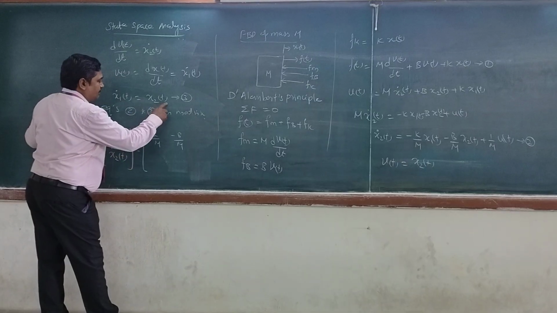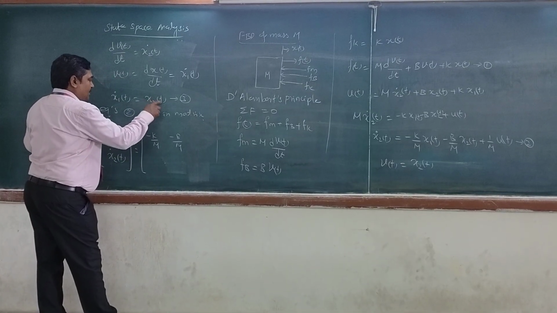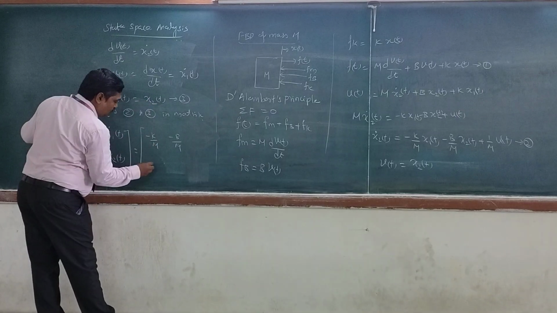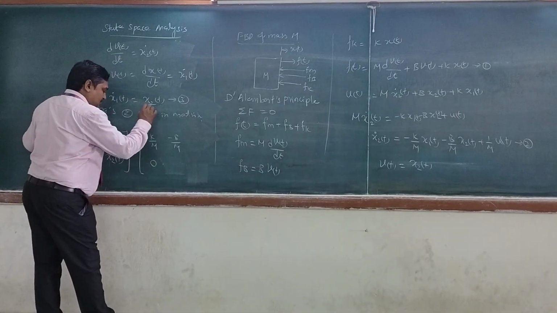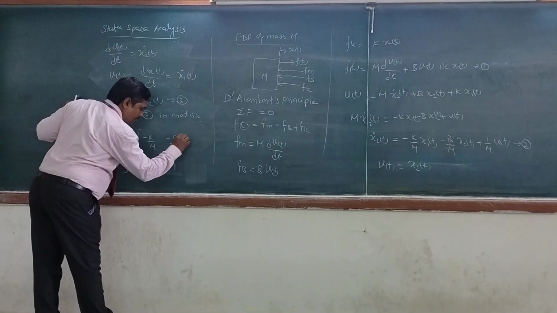For equation 3 we only have the x2 variable and there is no x1, so put the x1 coefficient 0, the missing coefficient, and the x2 coefficient is 1.